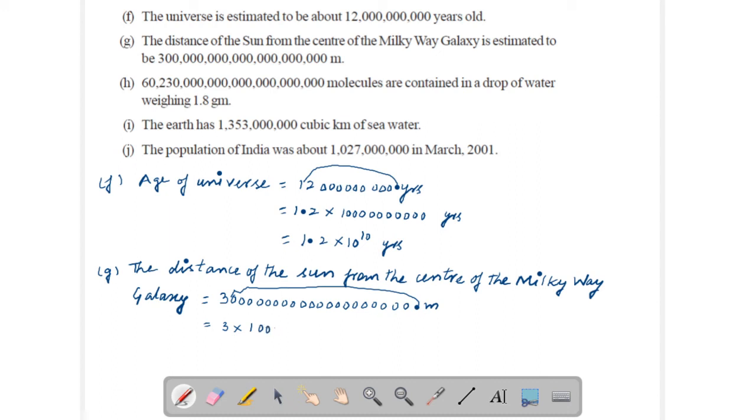This can be written as 3 into 10 raised to the power 20 meter. This is your answer.